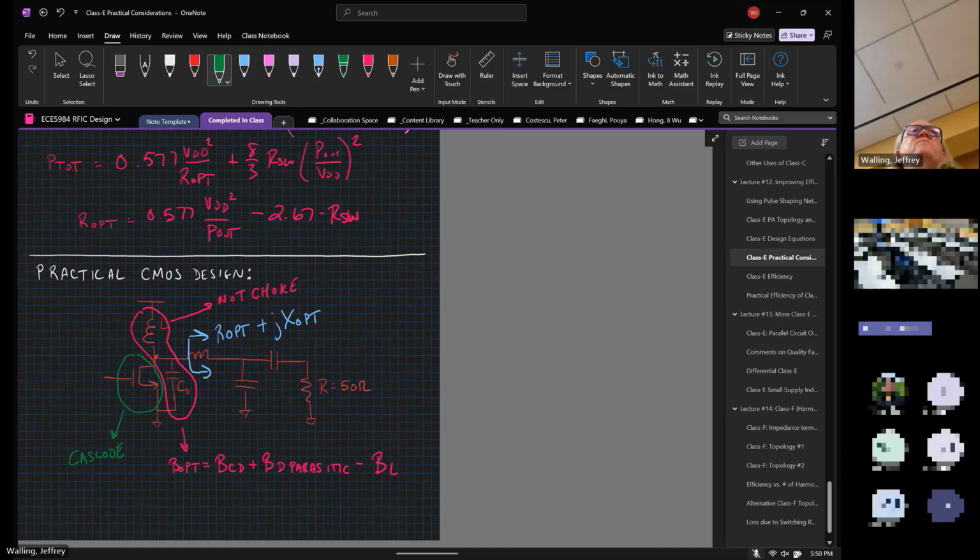That tends to peak the waveform. So one of the problems with a Class E amplifier is the waveform can be peaked to 3 point something volts, or 3.3 times the supply voltage. So the drain voltage can rise to be quite high. If we cascode the devices, we can protect them a little bit. Also in a practical sense, if we make the inductor not a choke, you can show that it reduces the drain voltage peaking a little bit because we're allowing the current to peak instead.